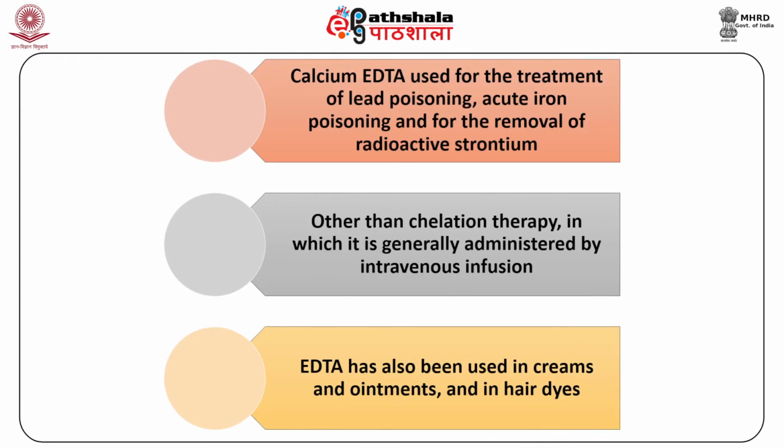Calcium EDTA is used for treatment of lead poisoning, acute iron poisoning, and for the removal of radioactive strontium, other than chelation therapy, in which it is generally administered by intravenous infusion.